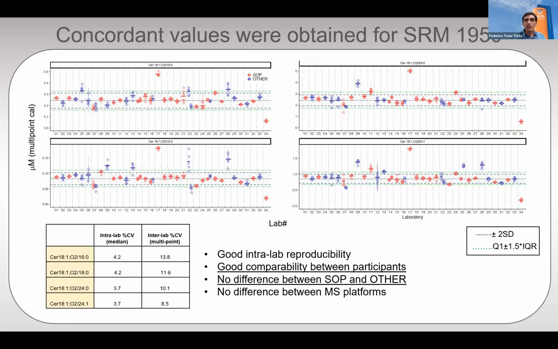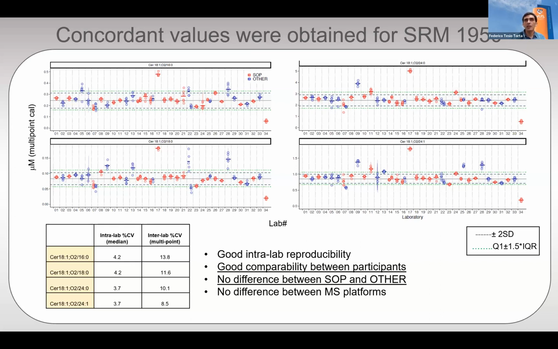These are all the data obtained for the SRM 1950. Each panel is one ceramide. In red, we have the labs that used the SOP, and in blue, the others. We performed outlier filtering for the final calculations, but here you can see represented all the results.